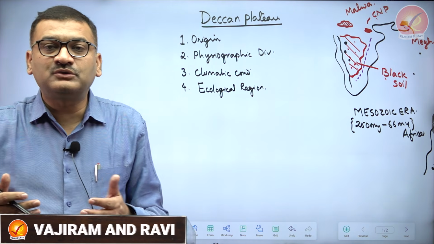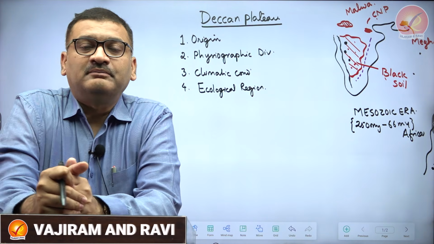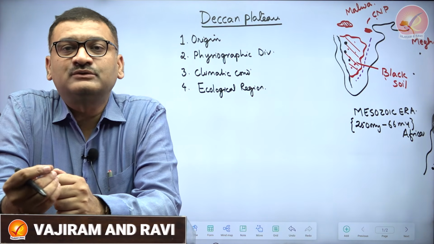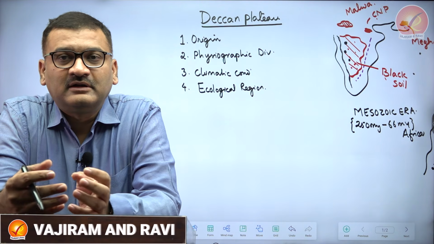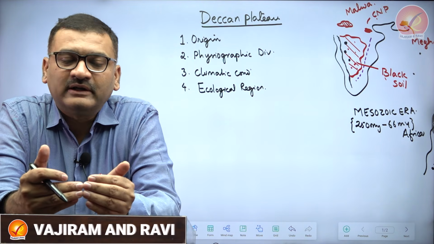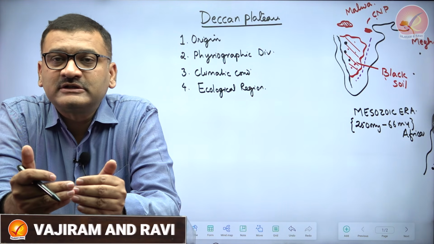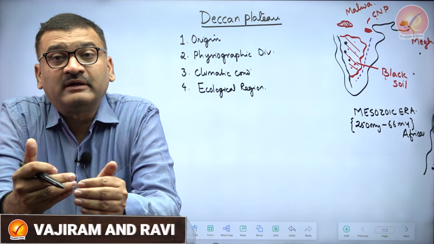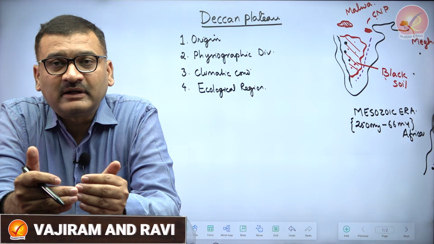Now, the Mesozoic is further divided into three periods: Triassic, Jurassic, and the end of Mesozoic, which is Cretaceous. In the sense that India has already experienced the Triassic period. India has also experienced the Jurassic. There were dinosaurs existing over the Indian landscape, right?